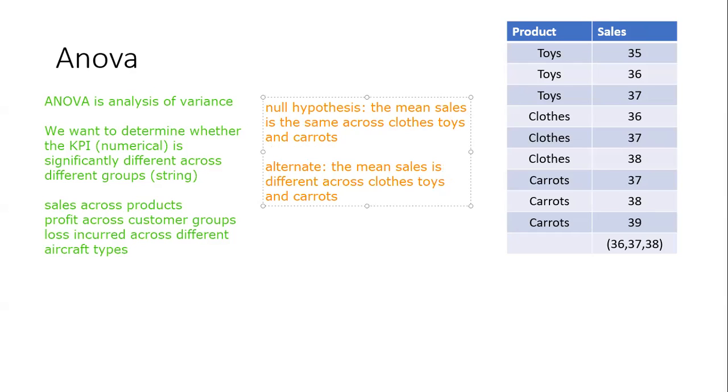Now, why is this important? Because when you're a sales manager or a line manager, you want to be able to understand which of your products' sales are actually different from each other. For example, you can say the sales of Coke and Pepsi are very different from the sales of Coca-Cola milk.